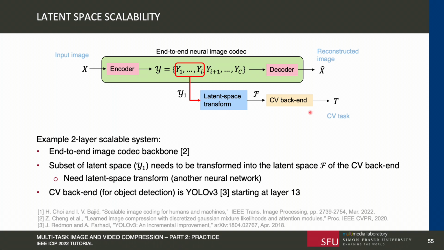So when only the computer vision task is needed, we only decode a portion of the latent space of this codec, transform it through the latent space transform, feed it into the backend of the YOLO version 3 model to obtain object detection results. And when the full input image needs to be reconstructed, then we simply decode the entire latent space.